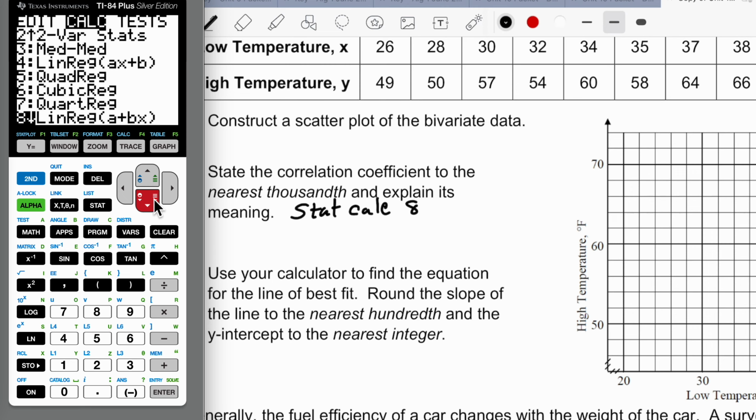It says linreg a plus bx, and you'll see that there's another one that says linreg, option 4 ax plus b. Honestly, you can go either way, stat calc 4 or stat calc 8. The thing that makes stat calc 8 beneficial is that it puts the constant term first, which is generally what we want in contextual problems. So, that's the idea there.